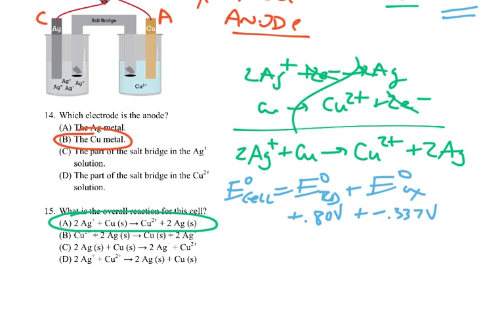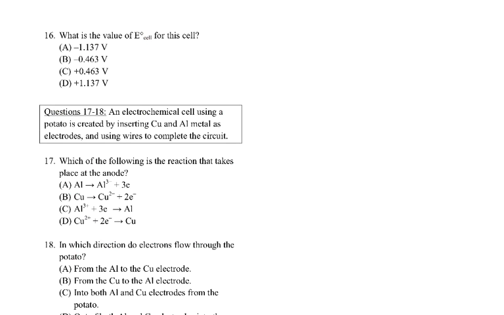So my answer that I want is 0.8 minus 0.337, and that's going to be something like 0.46. Okay, and there it is, 0.463, but it's positive because it's a larger positive minus a smaller negative.